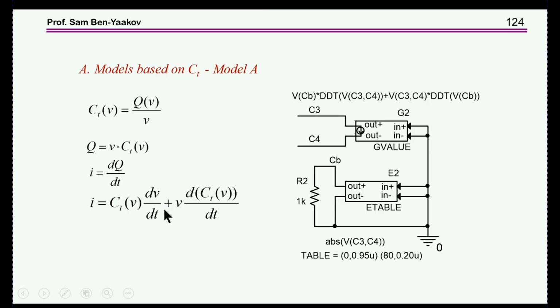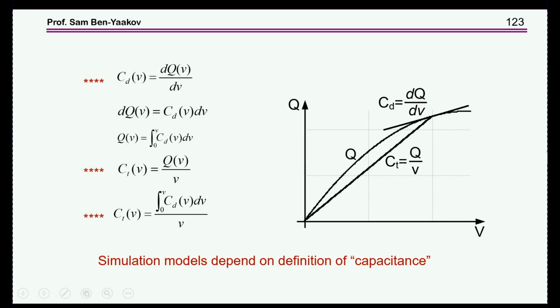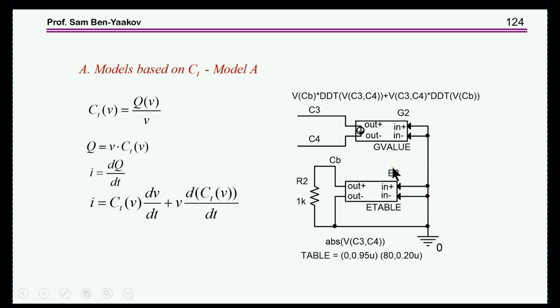Suppose we start with the definition of total. What is total? Total is at a given point. Let me go here. We are talking about the ratio between the Q and V. This slope is the total capacitance. So this is one definition.